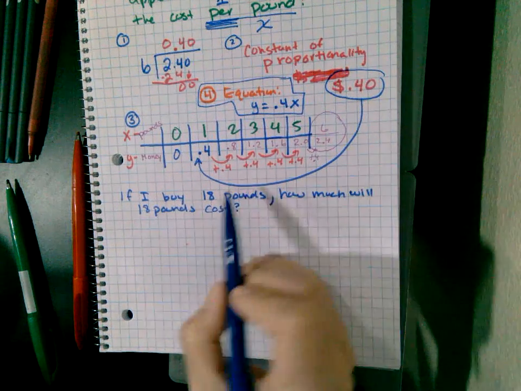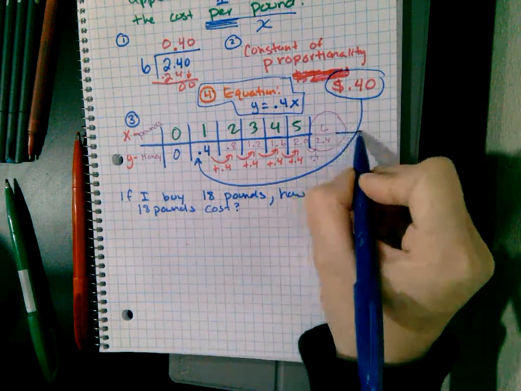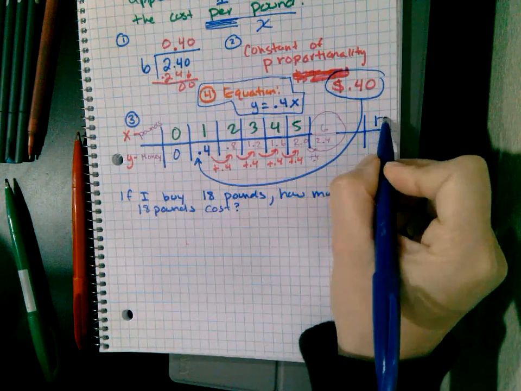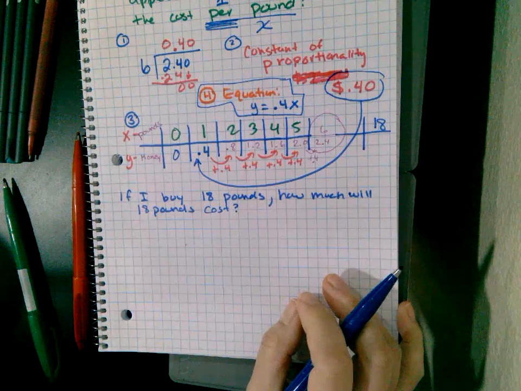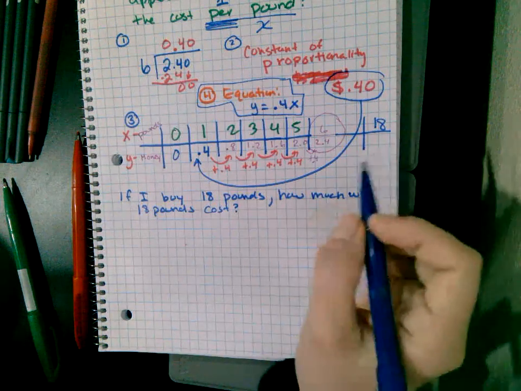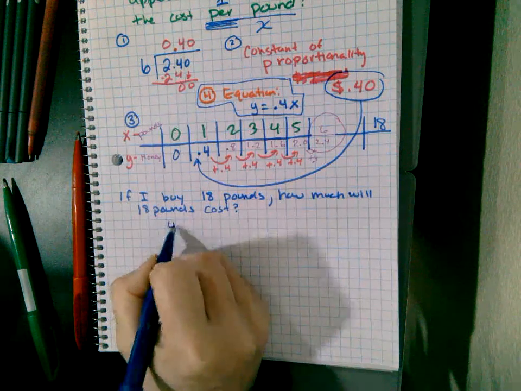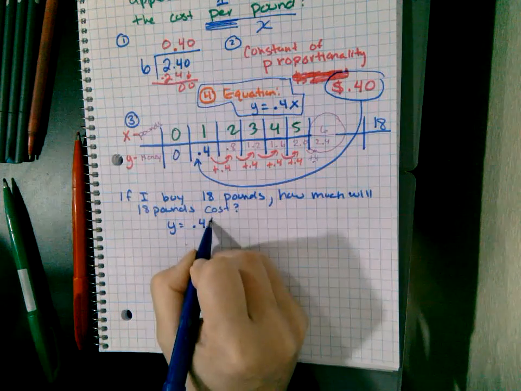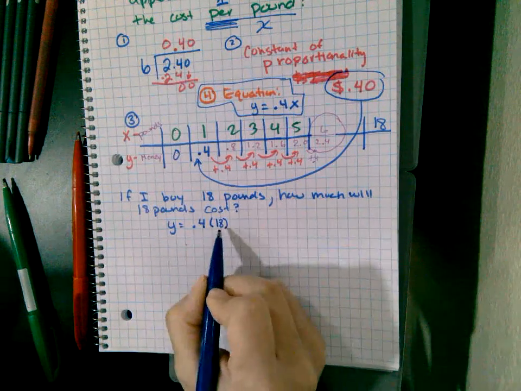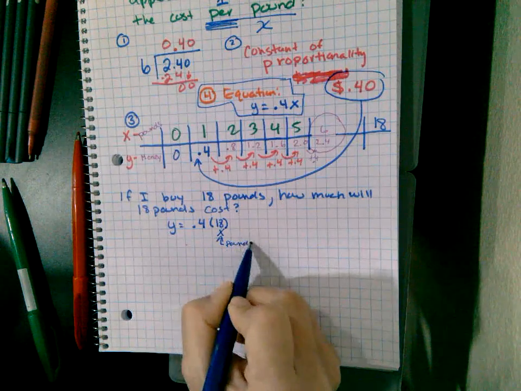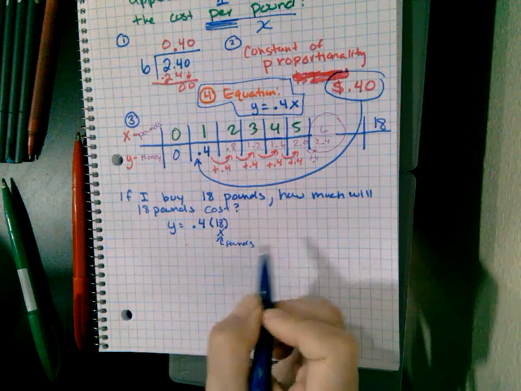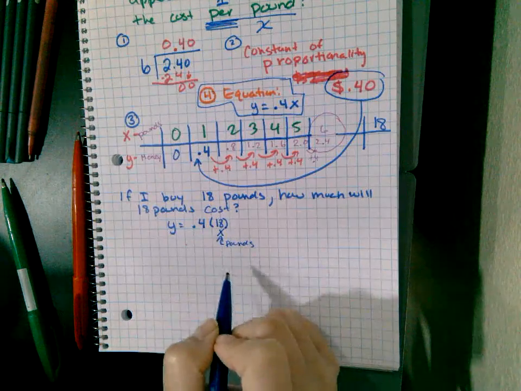So I told you 18 pounds. If I add it to my table, it would be 18 on top. So 18, how much would 18 pounds cost? Well, you can use your equation y equals 0.4 times 18 because x stands for pounds. So grab your calculator. What's 0.4 times 18?